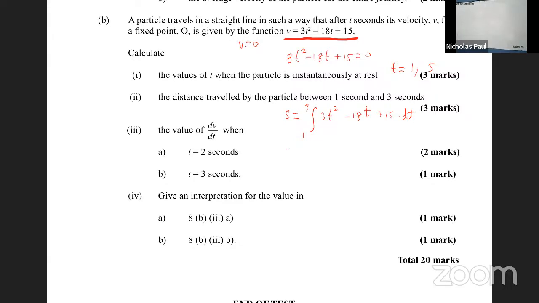Right, so when you integrate between 3 and 1, you should have t cubed minus 9t squared plus 15t. Then plug in 3 and 1. So that's 3 cubed minus 9 by 3 squared plus 15 by 3, and then you're minusing off 1 cubed, minus 9, plus 15.